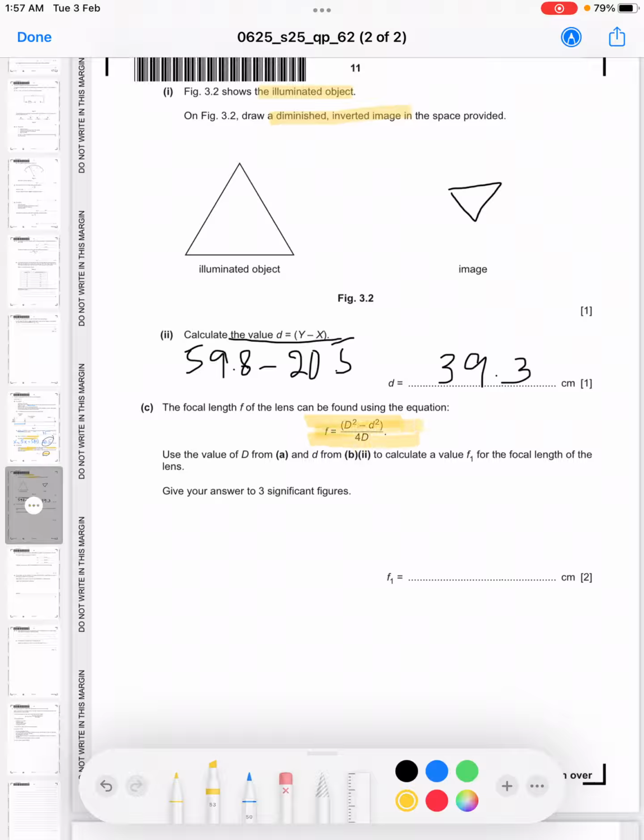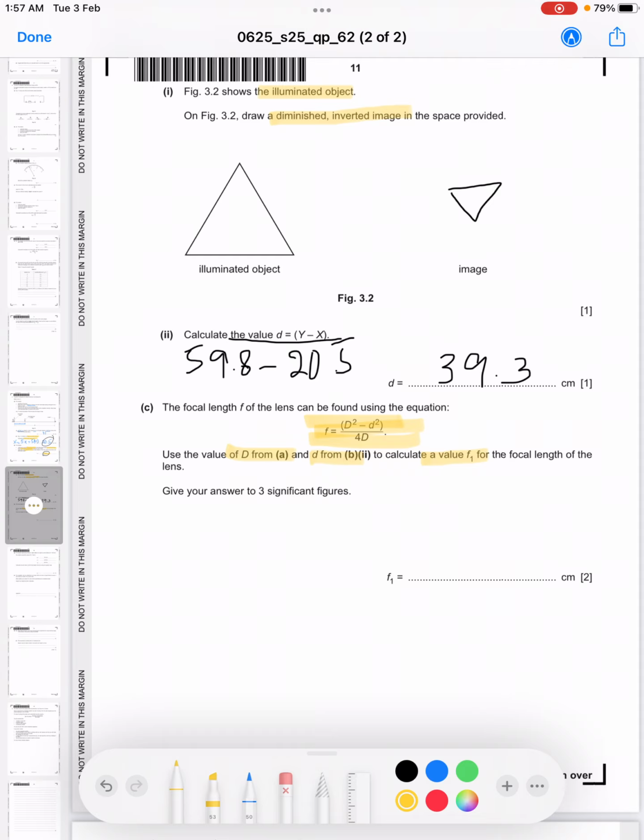This is given, and we should use the value of D from A and small d from B, and calculate the focal length f of the lens. Okay, small d is given, capital D is also given. I think we should use it.